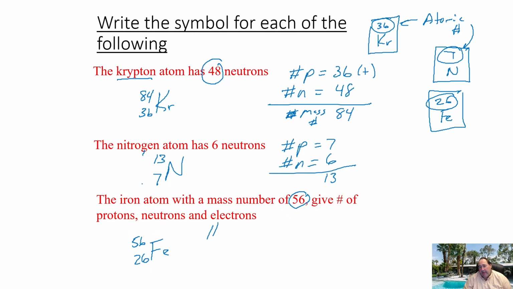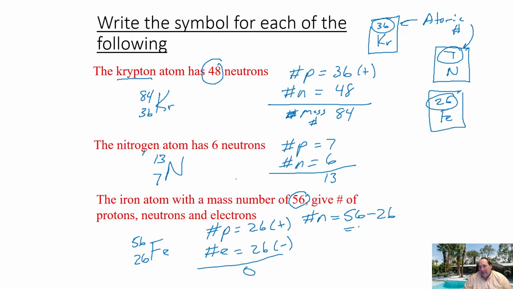The atomic number tells us our number of protons, which is 26. In this case, we're assuming it's neutral, so it does need to have a matching number of electrons, which again gives us 26. And lastly, our number of neutrons will be our mass number minus our atomic number, which is 56 minus 26. That looks like a 30 going on there.